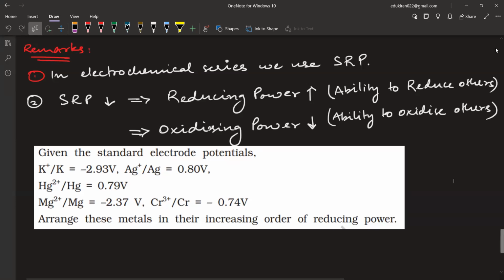Look and tell. Are these reduction potentials or oxidation potentials? What is given here? Standard electrode potentials will always be reduction potentials only. Okay.